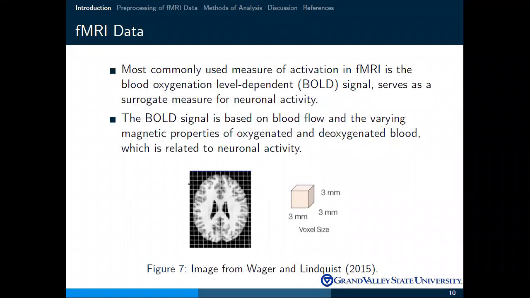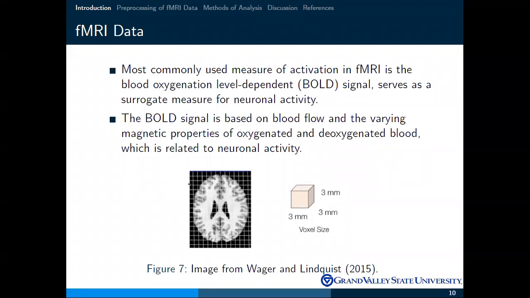So how this works is it measures the blood flow in the brain by taking advantage of the varying magnetic properties of oxygenated and deoxygenated blood. By turning the magnet on and relaxing that, it can see the rate at which particles realign, and that gives a picture of oxygenated and deoxygenated blood patterns in the brain across time, right?